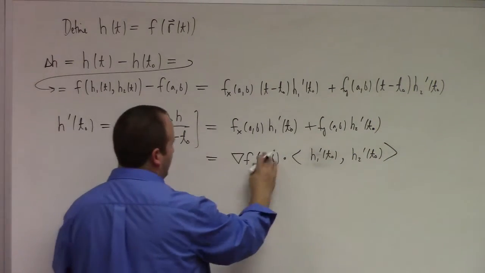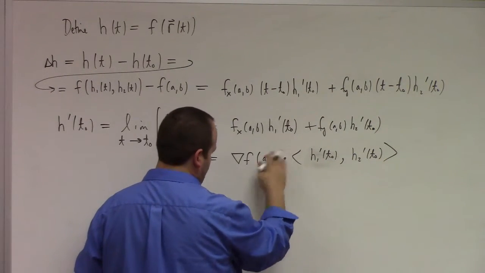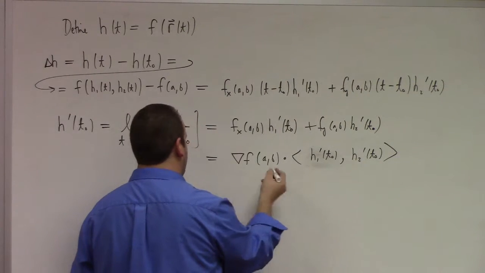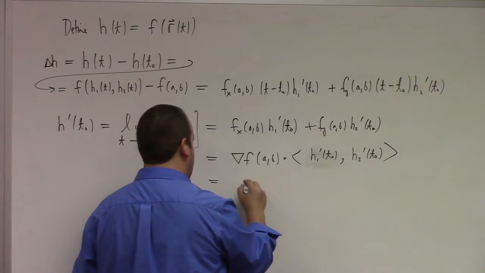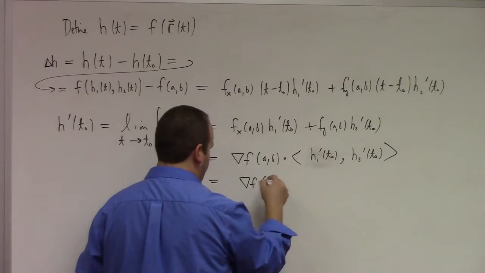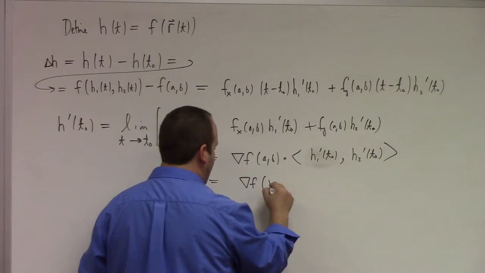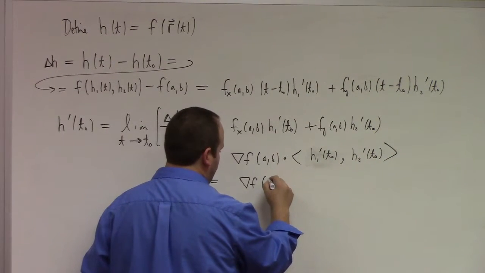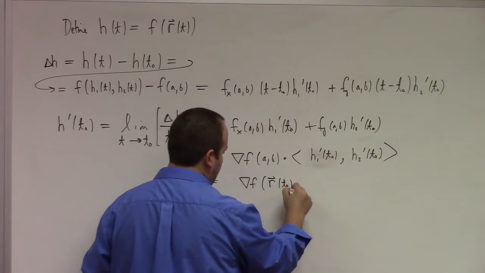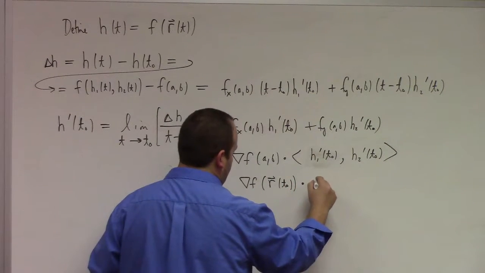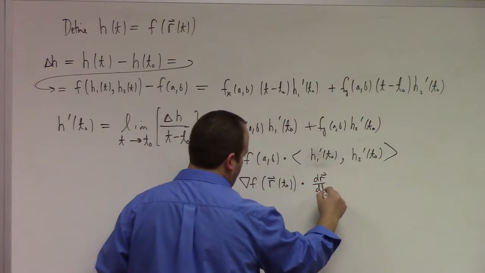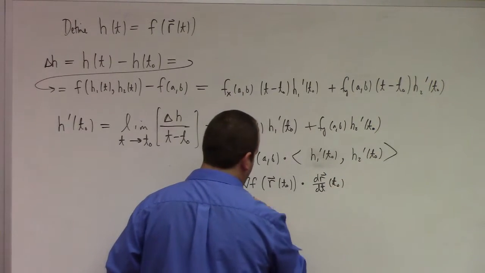And, of course, A and B were what? Anyway, long story short, putting the notation back, this is the gradient of f at r of t naught, dotted with dr dt at the point t naught.